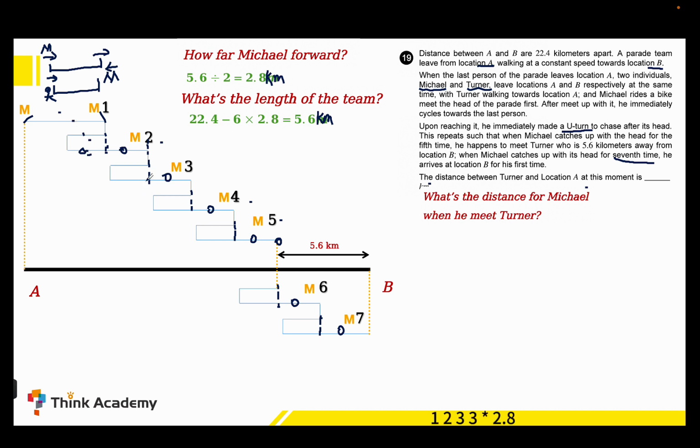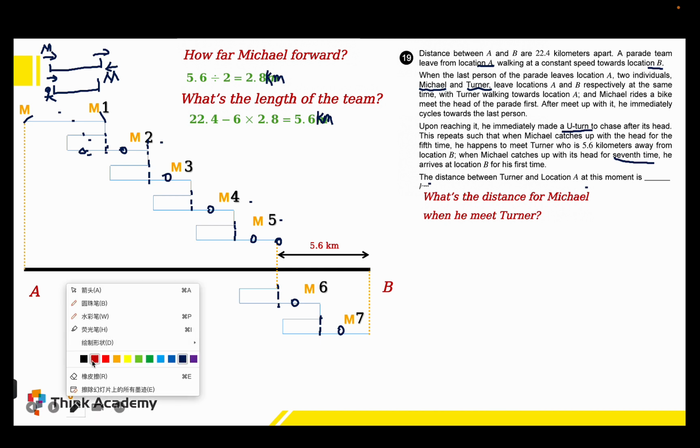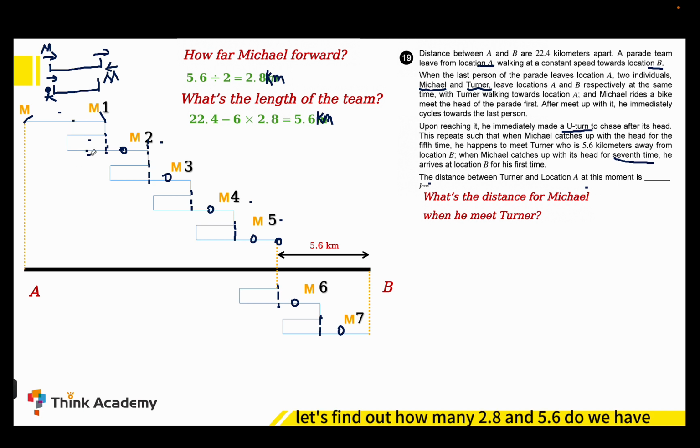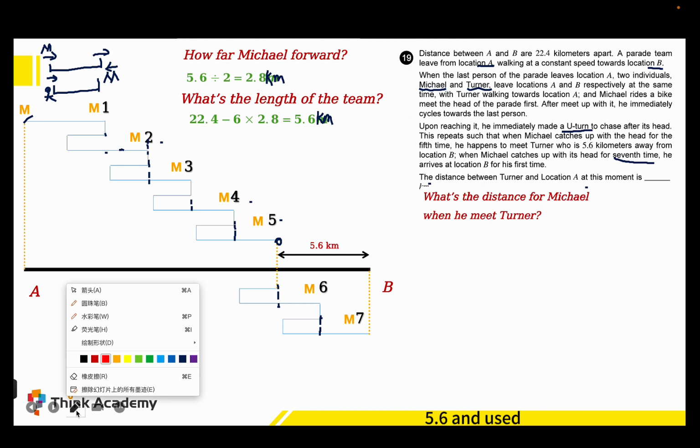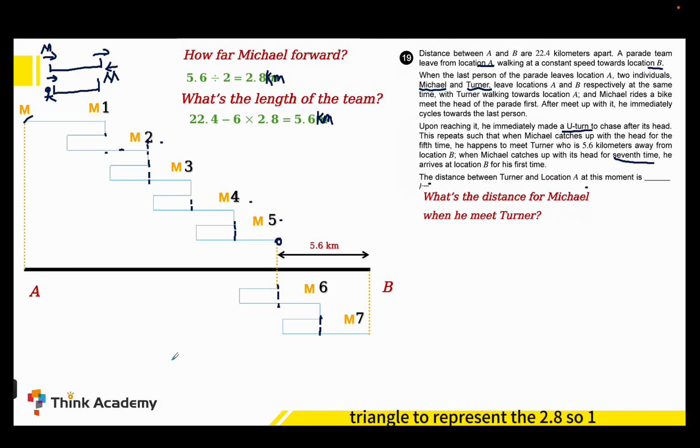3 times 2.8. And also you can consider how many 2.8 and how many 5.6 we have. So let me draw it. Let's find out how many 2.8 and 5.6 we have. I use the circle to represent 5.6 and the triangle to represent 2.8.